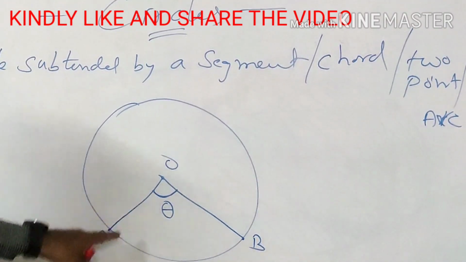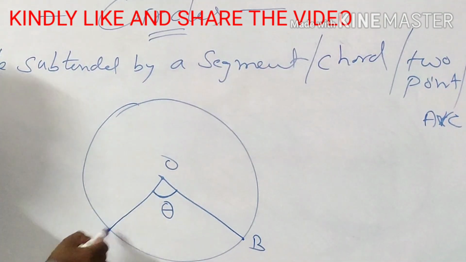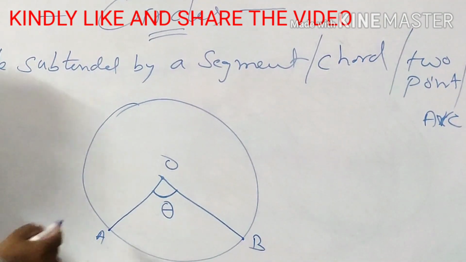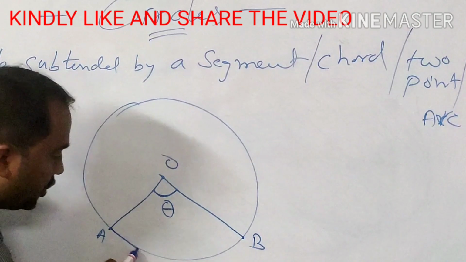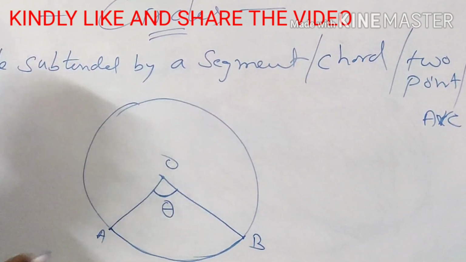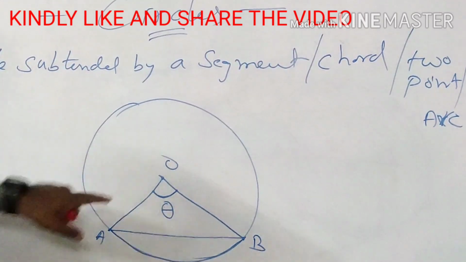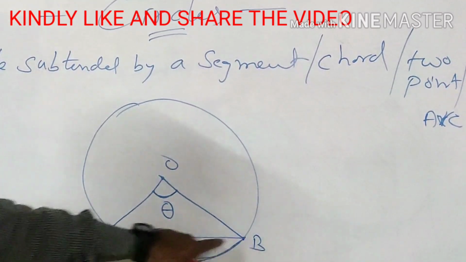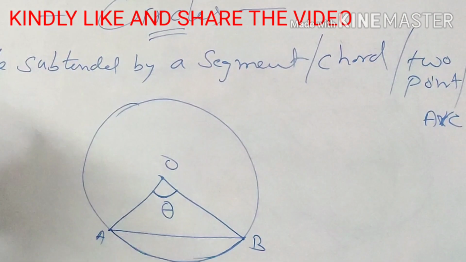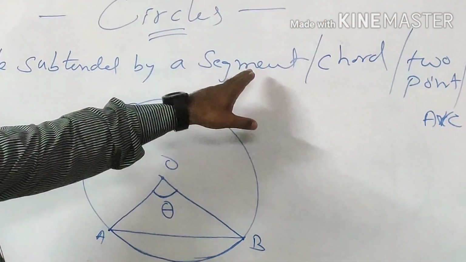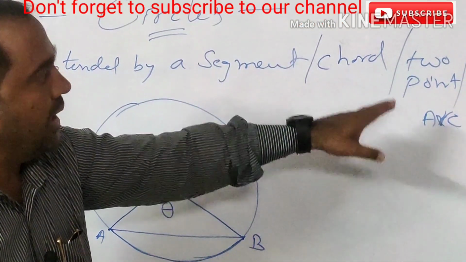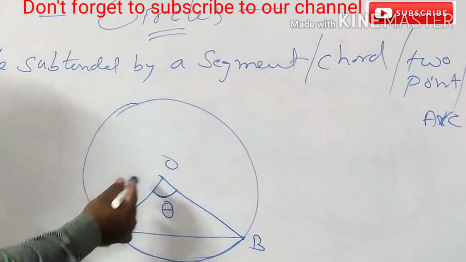This angle is formed using two points, or using this arc, or else I can draw a line segment here and say that this angle is formed using this line segment. So, angle subtended by a chord, segment, arc, or two points at the center.